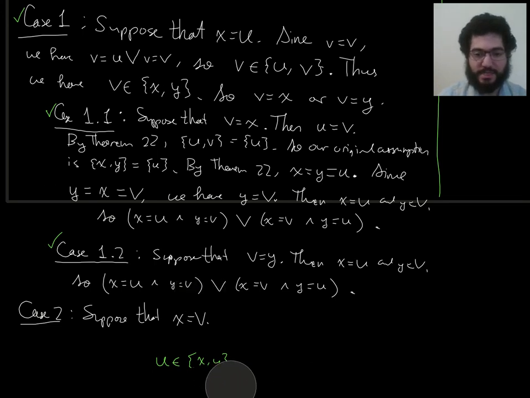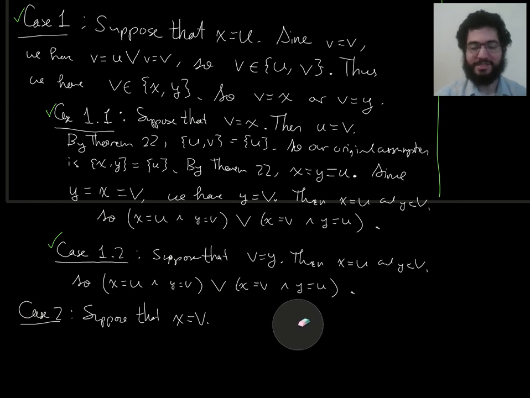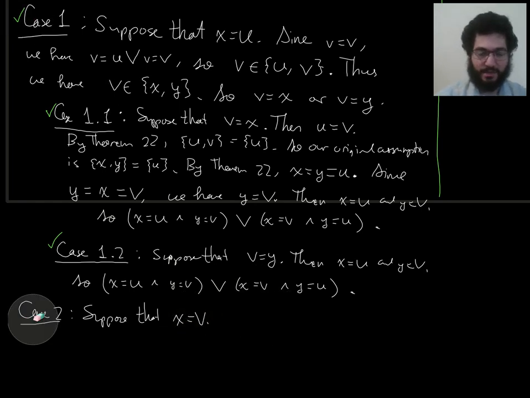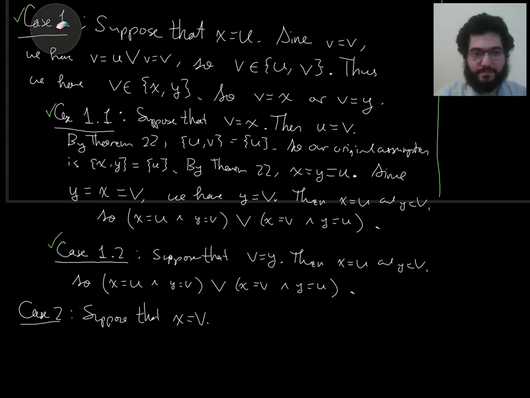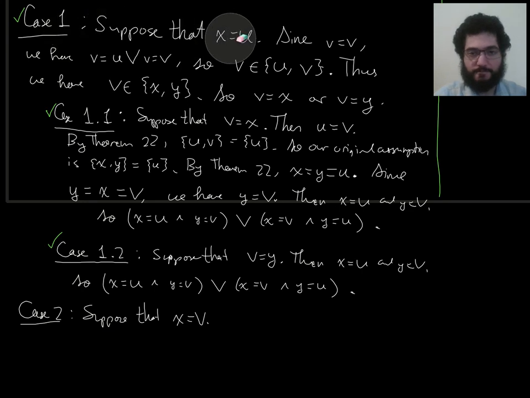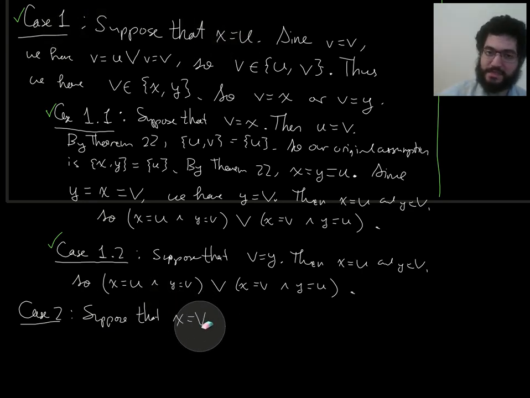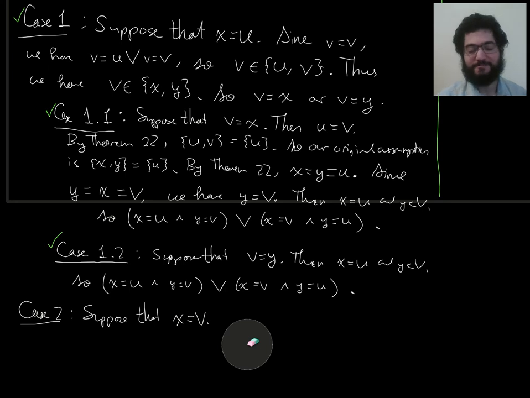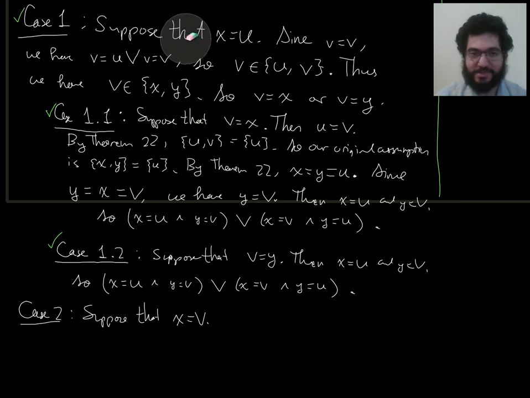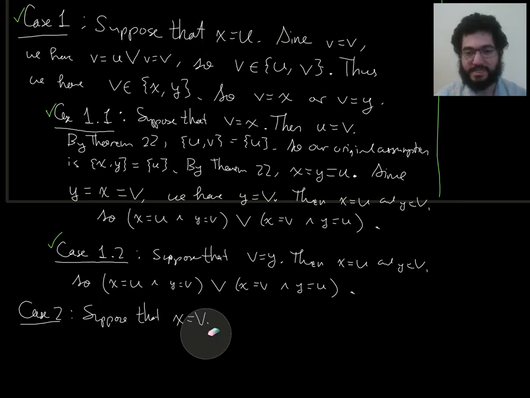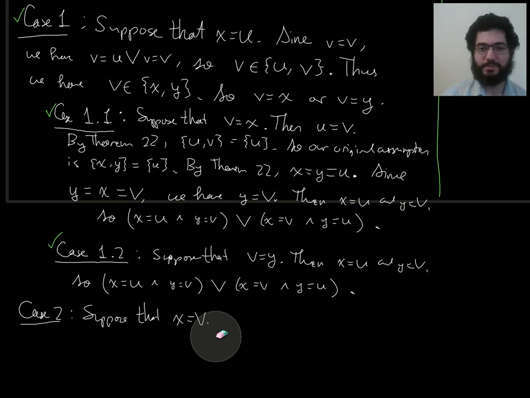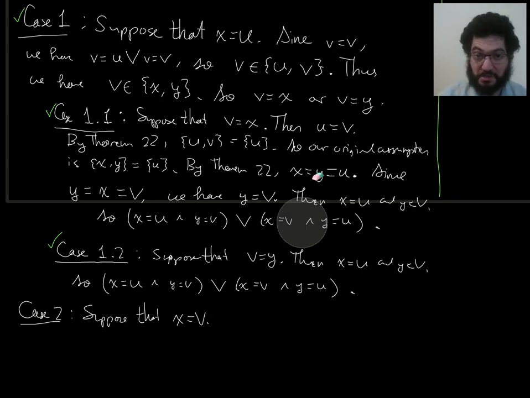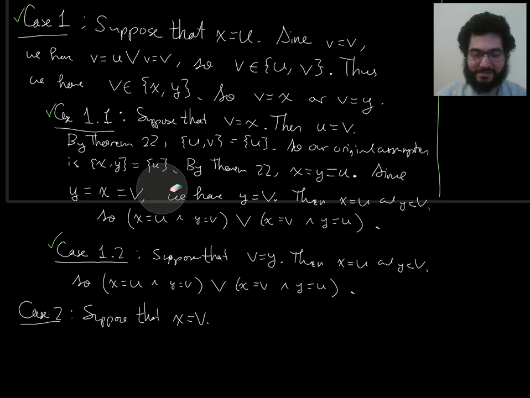But actually what this is suggesting is that if we just focus on whether or not u is x, then we might get a cleaner case split. The way I think about it is, this case split is focusing on the possibility that u is x or the possibility that x is v. That's how it's currently organized. But it could be that x is both, right? So when I go to case 2 and I say suppose x is v, I'm not also supposing that x isn't u. It could also be u, right? If I'm in one of these more complicated cases.